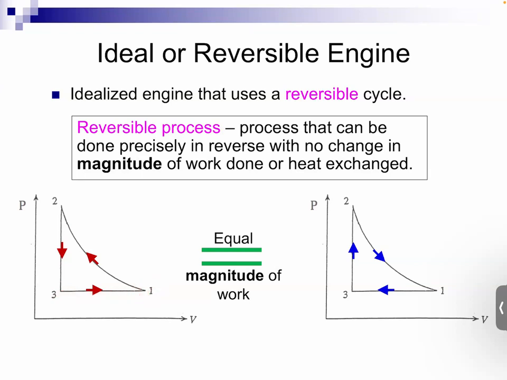to state 1. If you calculate the work done in going from state 1 to state 2, state 2 to state 3, and state 3 back to state 1, in an ideal or perfect engine, it doesn't matter in which direction you calculate the total work done.